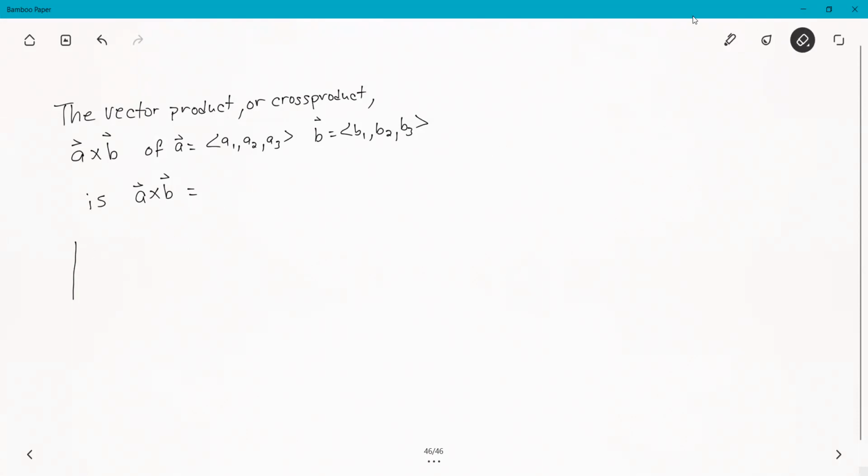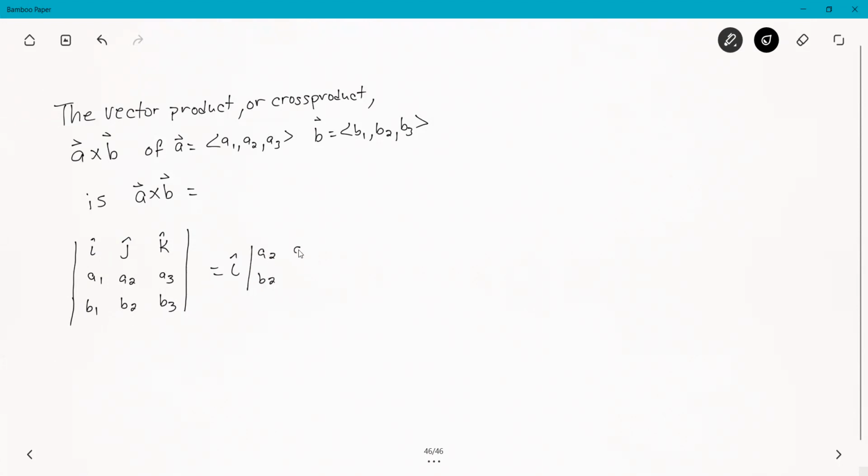Let me do this where this might make a little bit more sense. Let's do I hat, J hat, K hat, okay? Then we're going to have A sub 1 here, B sub 1, A sub 2, B sub 2, A sub 3, B sub 3. So the way this would work out is we have our I hat times our A sub 2, B sub 2, A sub 3, B sub 3.